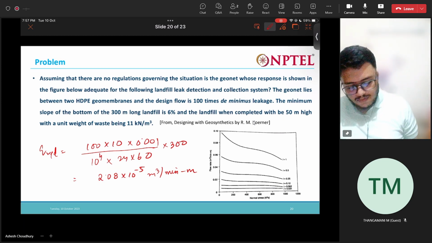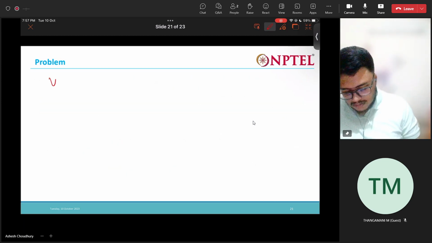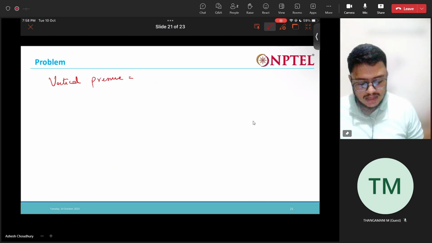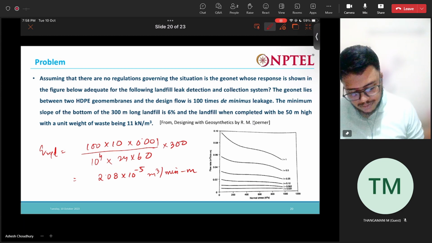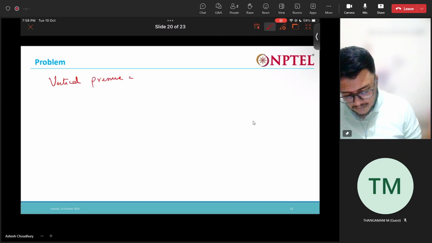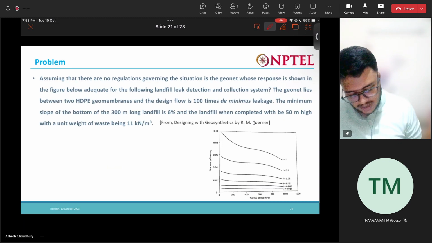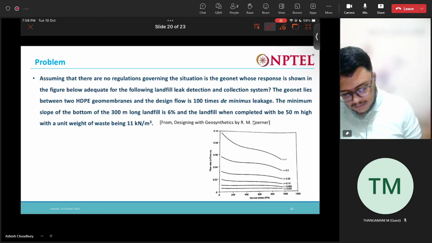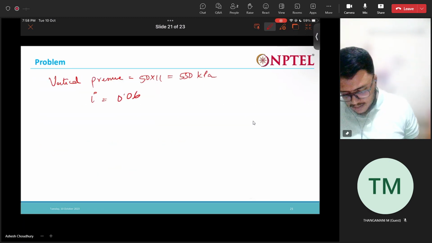Okay. Now what is the vertical pressure? Again, similar vertical pressure, 50-meter high, unit weight 11. So 50 into 11. What is the gradient? I is given here, 6%. 0.06.